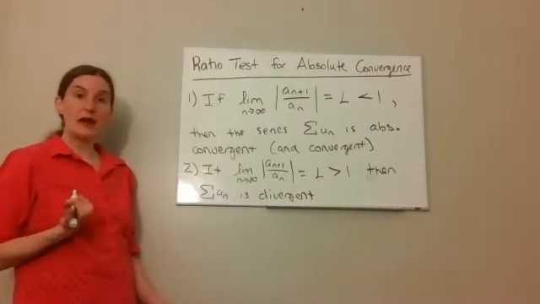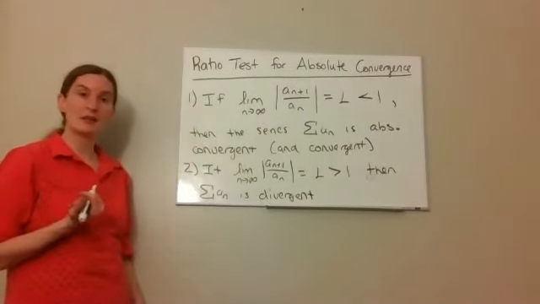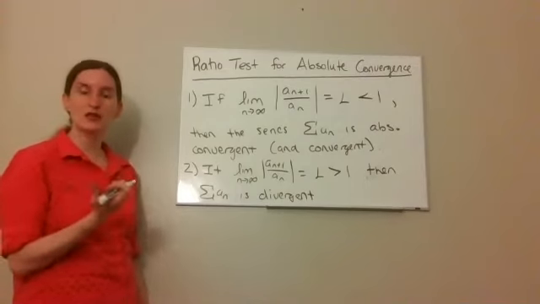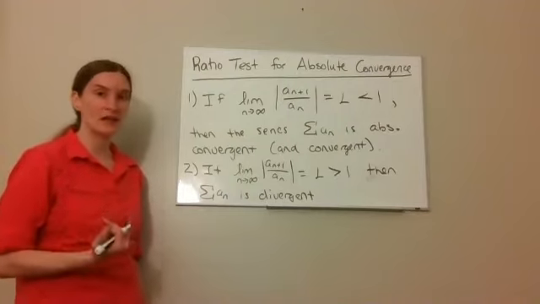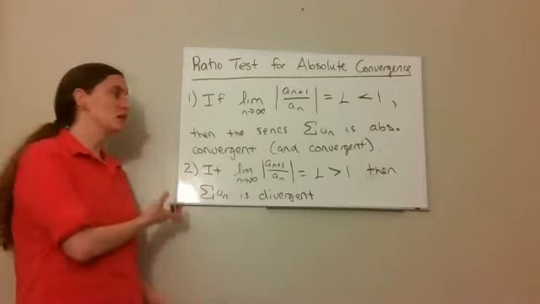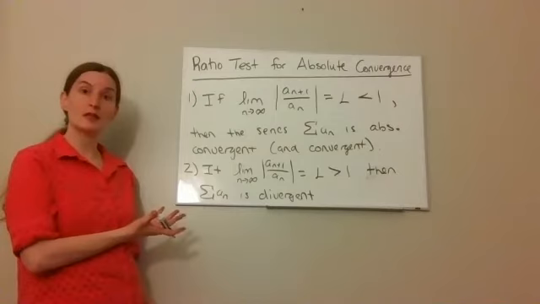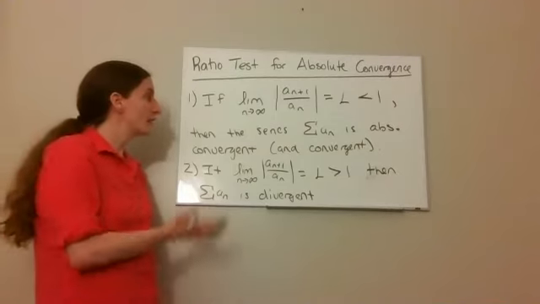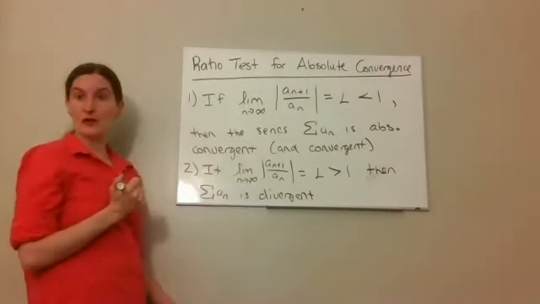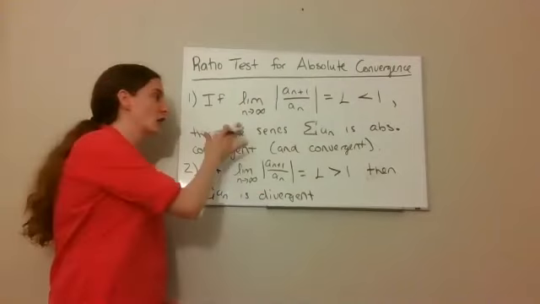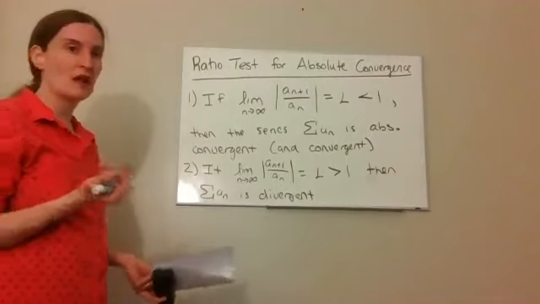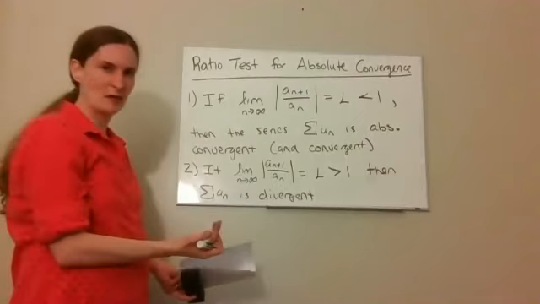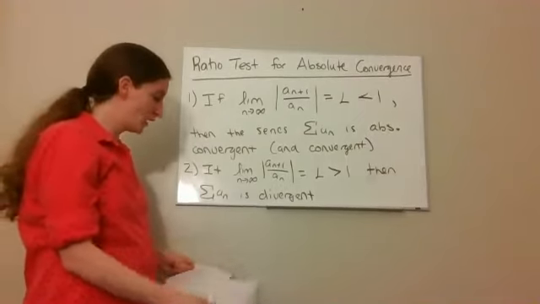And just like our regular ratio test, if that limit happens to be exactly equal to 1, the ratio test tells you absolutely nothing. So really, this isn't any different from the ratio test that we learned last time, other than the fact that we now have absolute value bars in our statements, and our conclusion about convergence is a conclusion about absolute convergence. But other than that, it's the exact same statement from last time, which is kind of nice.